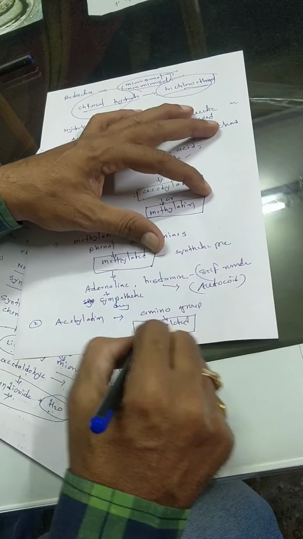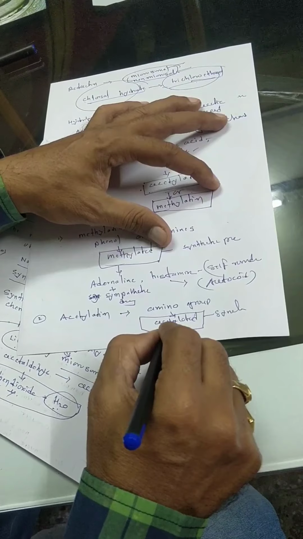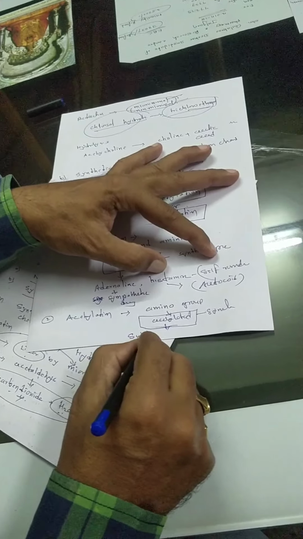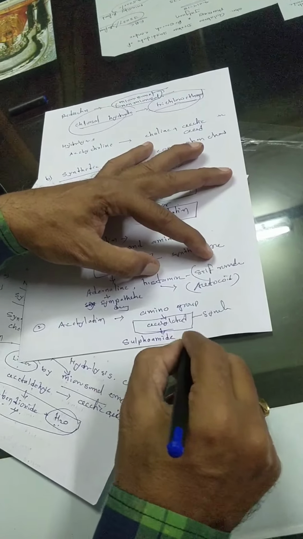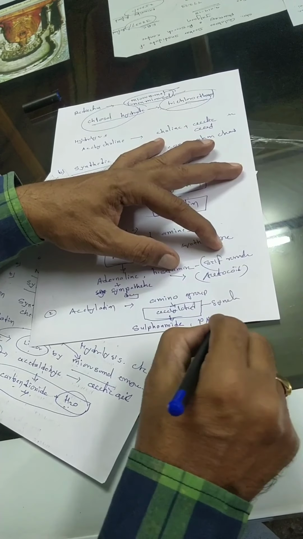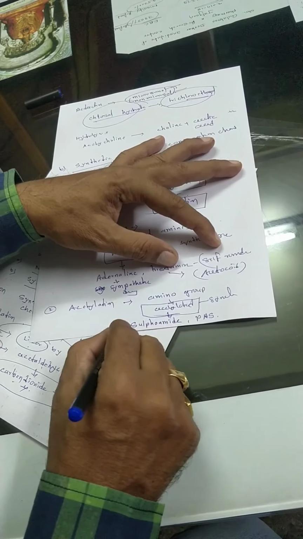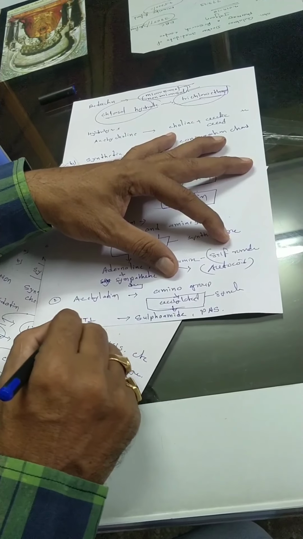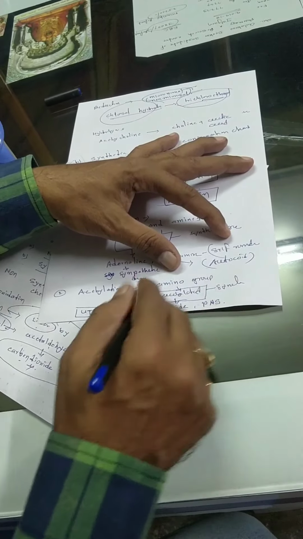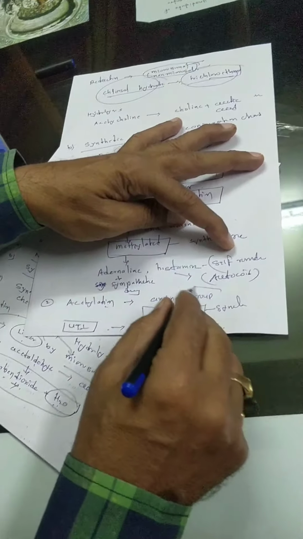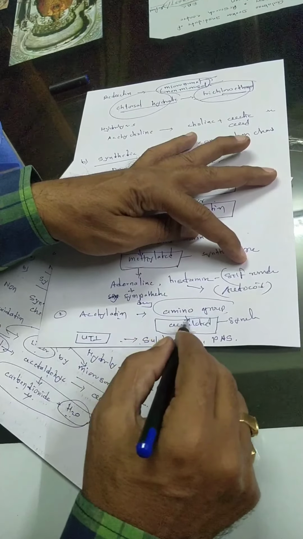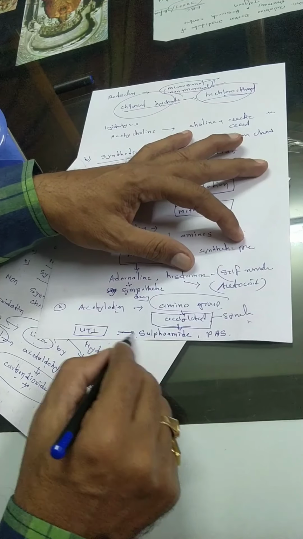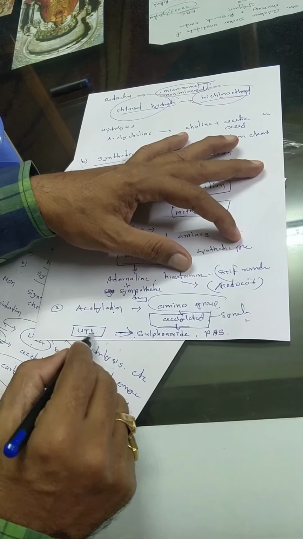That is the process of synthetic reaction, and you get sulfonamide, para-aminobenzene sulfonamide. Sulfonamide acts as an antibiotic, commonly used in urinary tract infection, UTI. Compounds having an amino group are metabolized in the liver by acylation, a synthetic process.